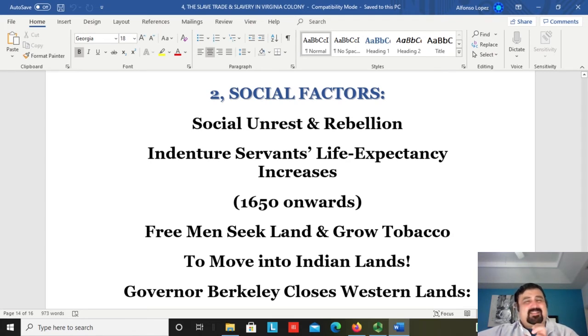So why is it that indentured servitude created instability? Okay, in what particular way? Well, what is going to happen is that the Virginia colony is going to grow territorially as more planters arrive with land grants to develop plantations in Virginia.